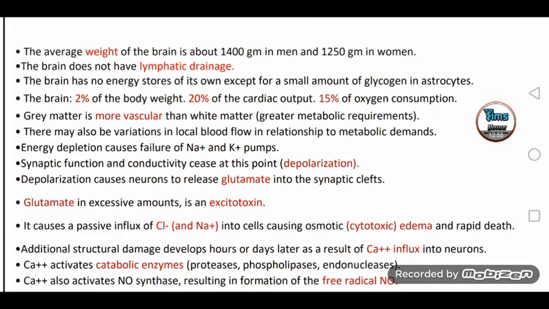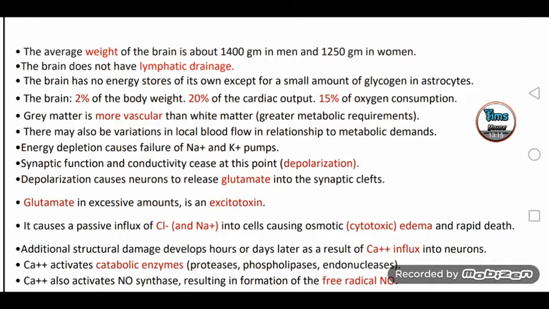So whenever the neuron is injured and needs energy immediately, it uses the energy in the astrocytes, but it will be enough for only a few minutes before it dies.